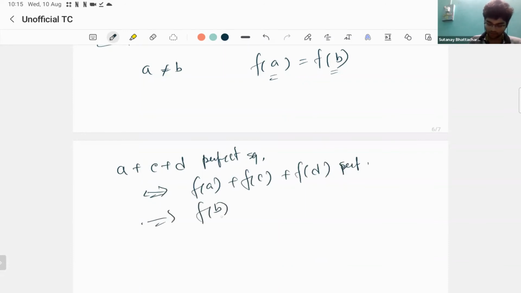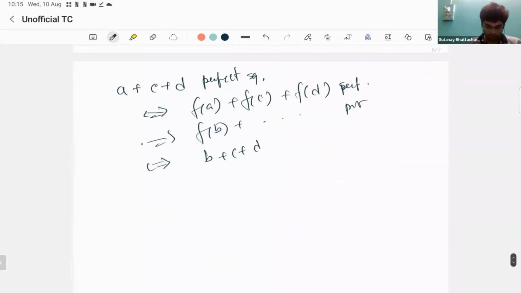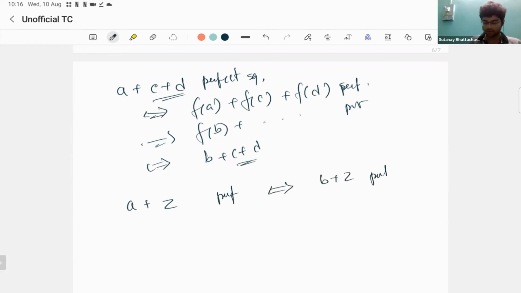In other words, c plus d can be any integer z. So a plus z is a perfect square if and only if b plus z is a perfect square.